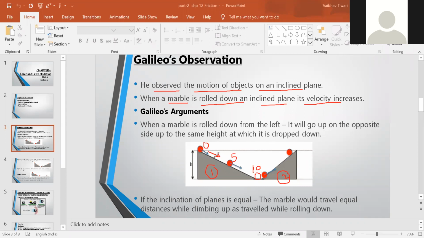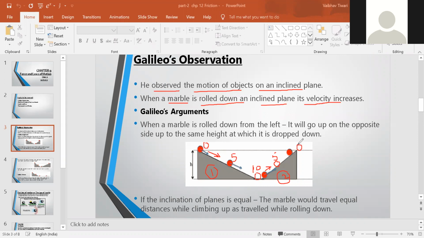So of course the ball which has reached down will start moving upward on the second plane. While moving towards the top of the second plane, the speed started decreasing. For example, suppose at this point it was 10, then it became 5 over here, then on reaching over here, it again became 0.